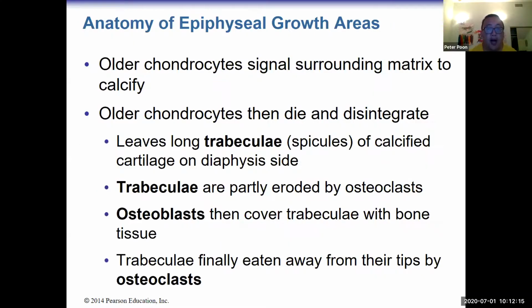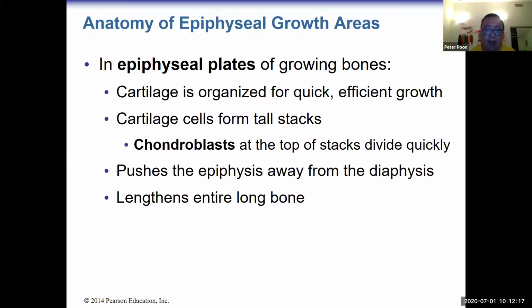So what happens is you form cartilage on one side and cartilage dies on the other side. And as long as you keep forming cartilage and it keeps dying, you end up just growing taller. That's how the long bone lengthens.